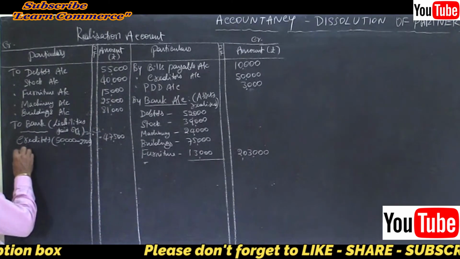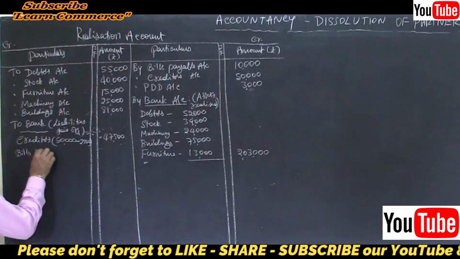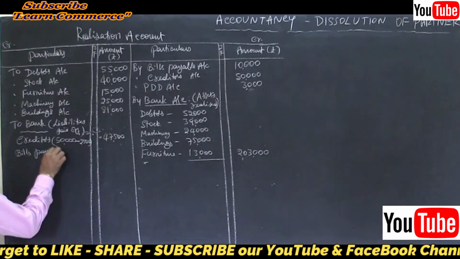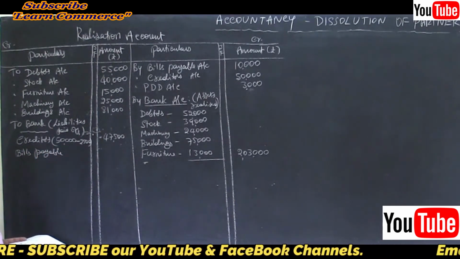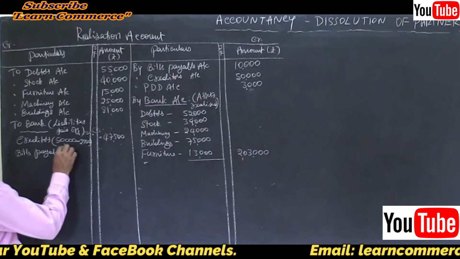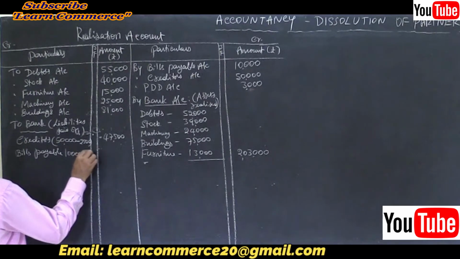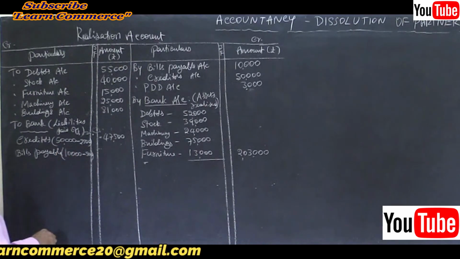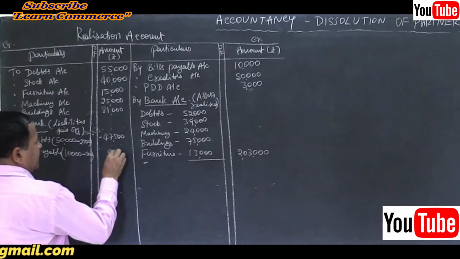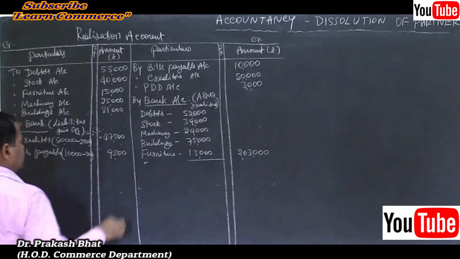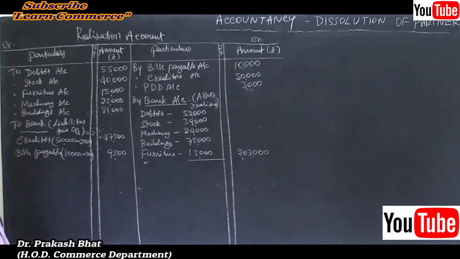Bills payable. 10,000 minus 500, right? So, 9,500. 10,000 minus 500 because 5%. Yes, 9,500.